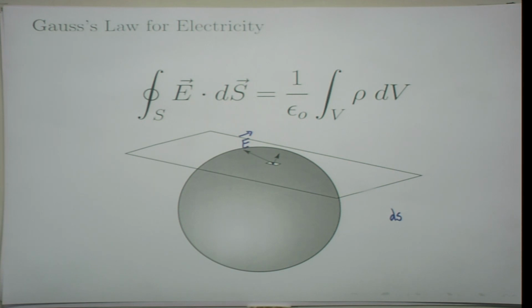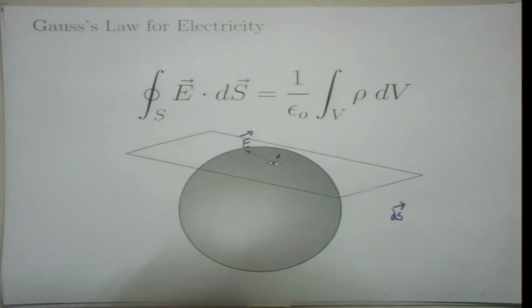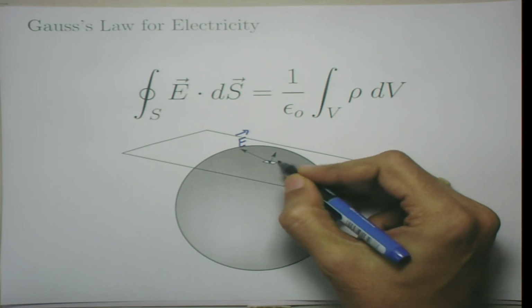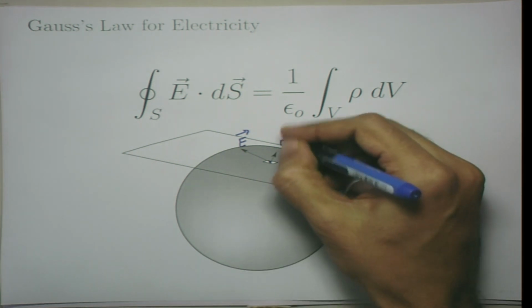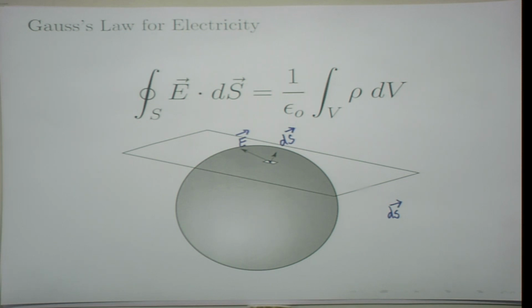So, the ds bar which you see here is an elemental area, and it has the direction of the outward normal. So, this is the ds bar vector. At every point you can find this ds bar, and it has the direction given by the outward normal at that point.